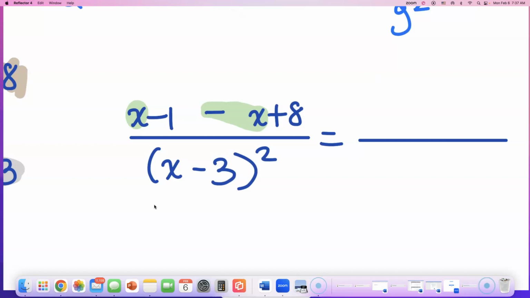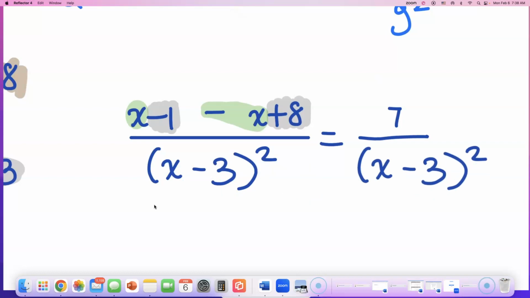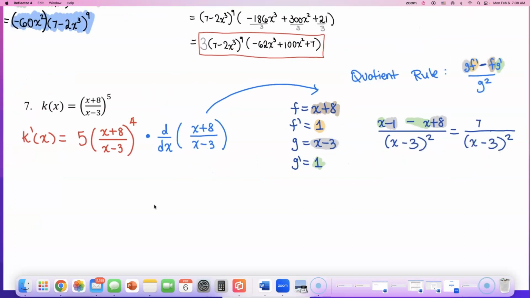X is gone, okay? What about these negative 1 and positive 8? 8 minus 1 is 7. So I don't need this fraction bar to be this long anymore. I'm just going to have 7 on top. And the denominator stays exactly the same. This stays the same. Okay. So that is the blue part right there. Okay, we found what it is.